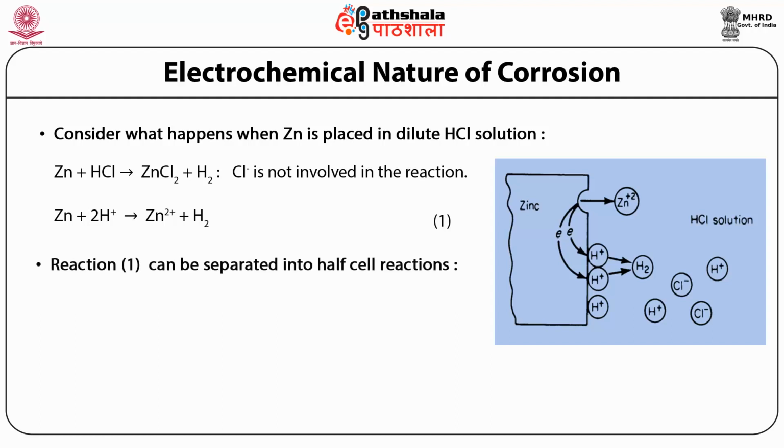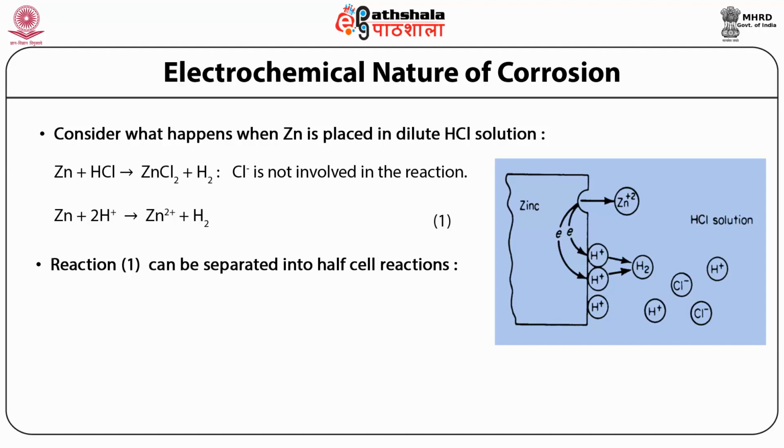If the above reaction is written in the form of half-cell reactions, two different reactions occur in order to maintain the electrical neutrality. One is the cathodic reaction, where an electron is accepted by the hydrogen ion present in the acid solution. The other reaction is the anodic reaction, where electrons are generated from the zinc atoms for the supply of electrons required for the cathodic reaction.